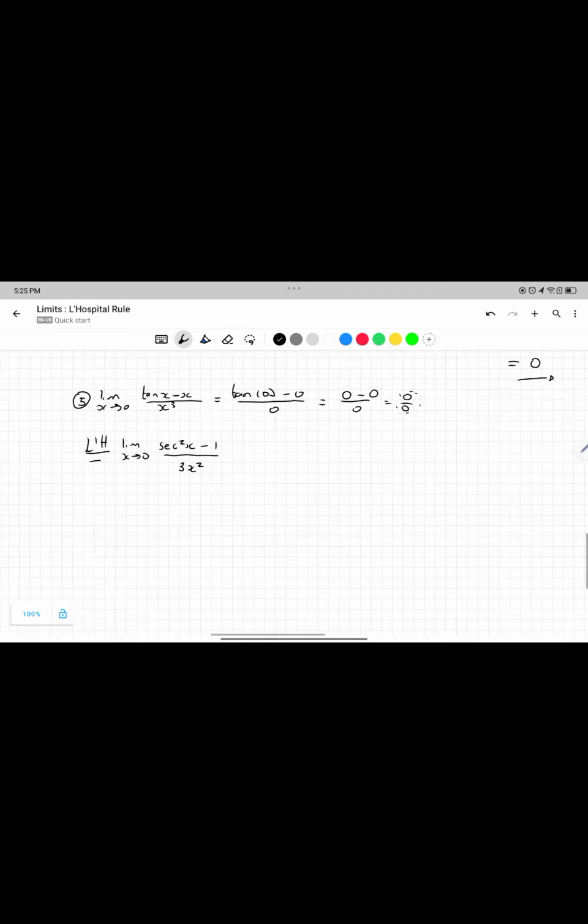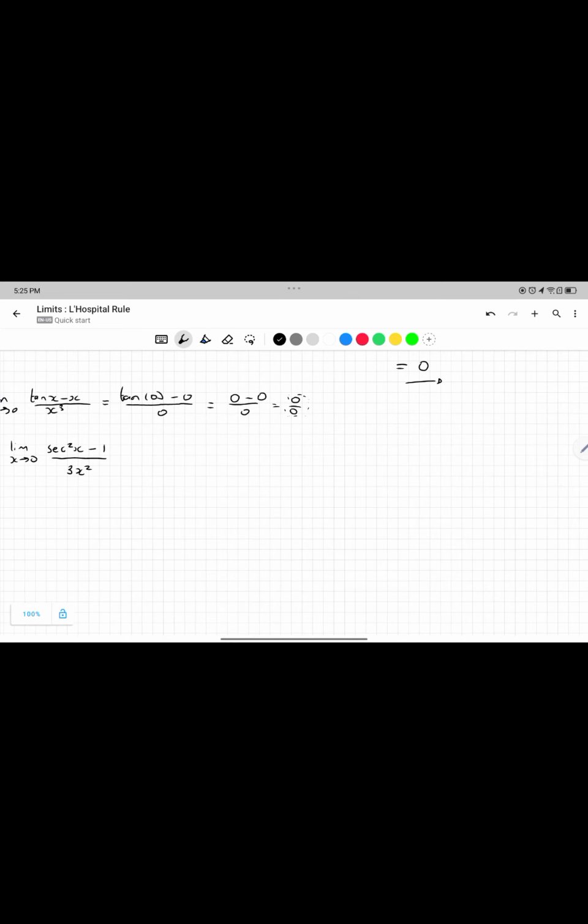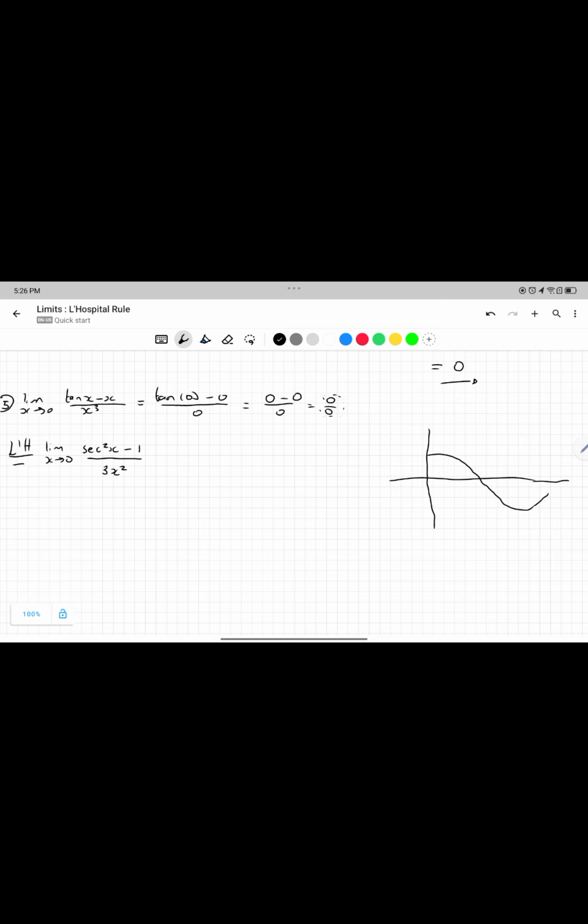Let's see. Secant is 1 over cosine. So cosine is like this. Assume this is the origin, and around 0 it is something like this, where this side and this side have equal area.